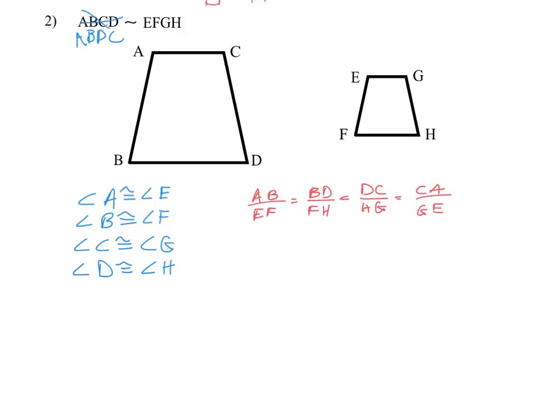I went ahead and put my work in for the ratio of the sides of these trapezoids as well. Here's what we're doing. These lines are represented by the angles here. So basically line AB is this line right here.